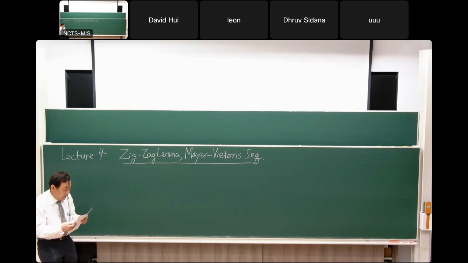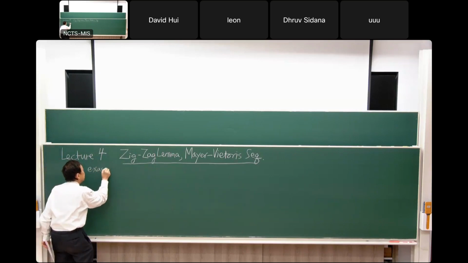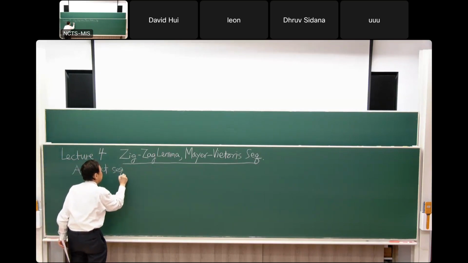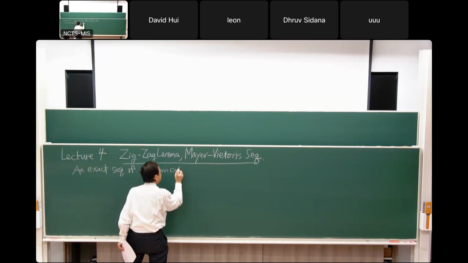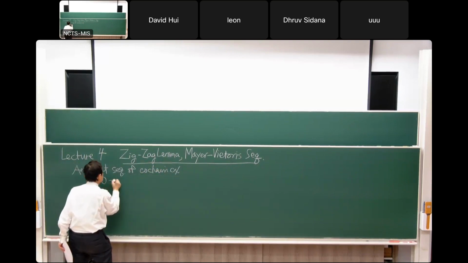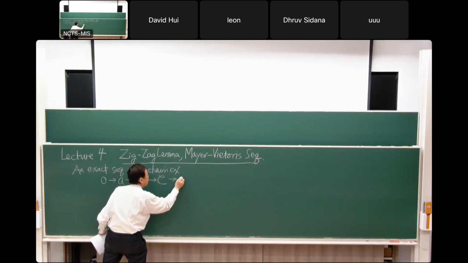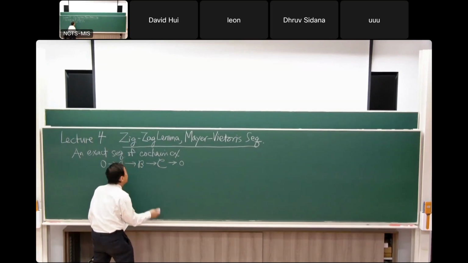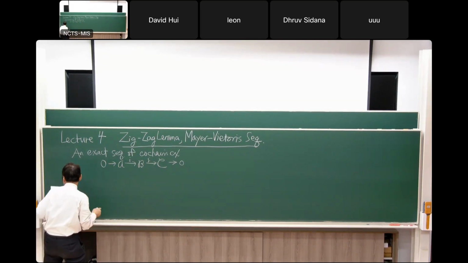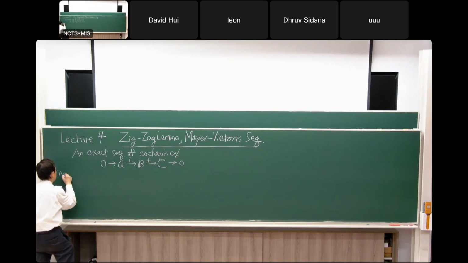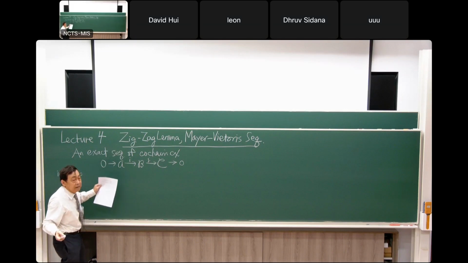Last time we saw that an exact sequence of cochain complexes, say 0 to A to B to C, induces maps in cohomology. Actually, right now you don't need exactness.